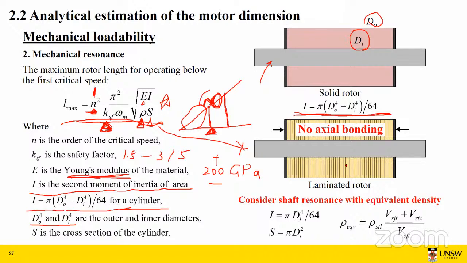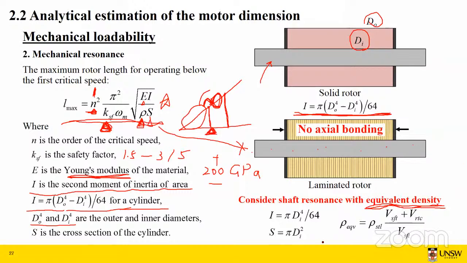So we consider only the shaft is taking all the vibration. So we only consider shaft resonance in this case, but similar to the previous case, we need to develop an equivalent density to consider the weight of the rotor laminations.